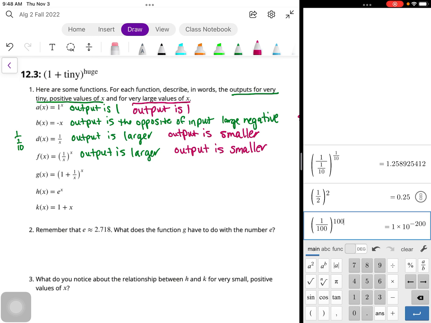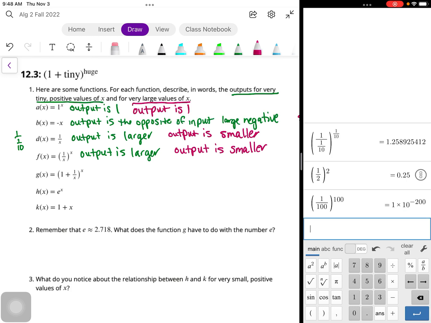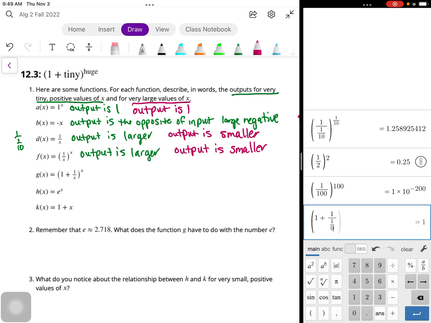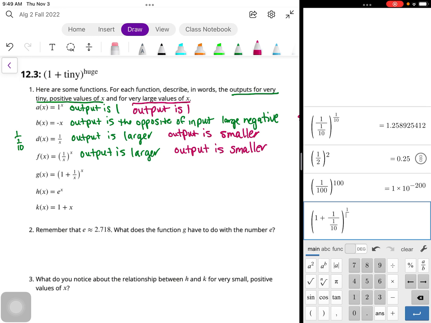Okay, so now let's take a look at G, where we're adding 1 plus 1 over x and raising that to a power. So let's do 1 plus 1 divided by 1/10. And then we're raising that to the power of 1/10. Struggling a little with my calculator.